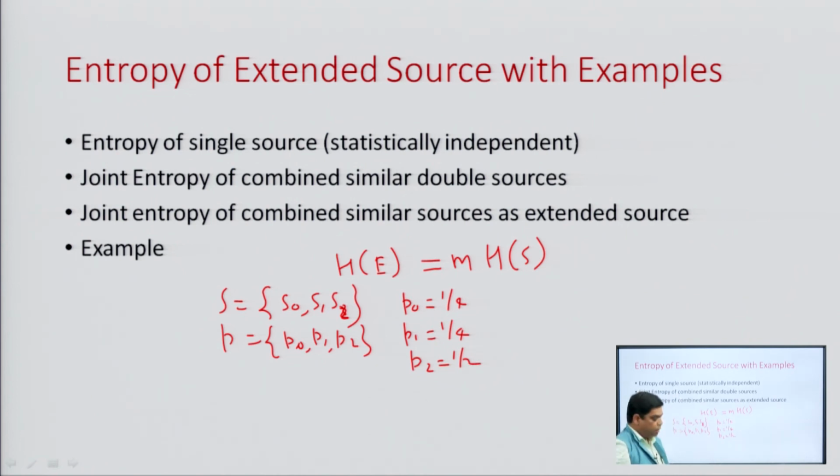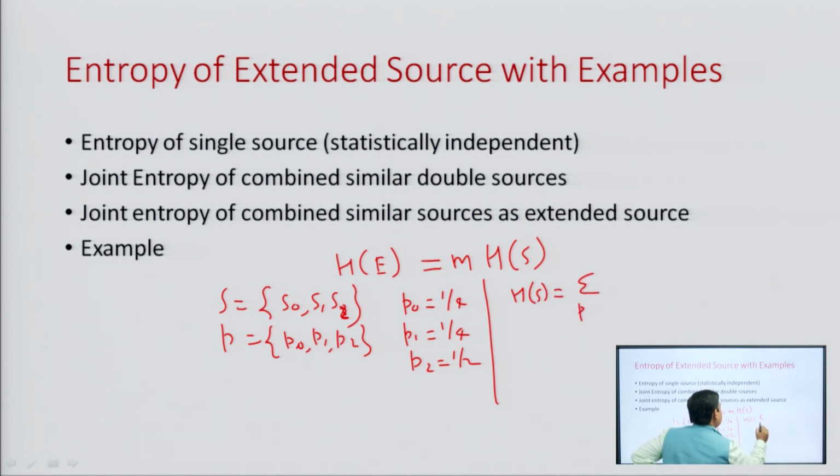We can calculate the entropy of this source Hs using the same formula: the sum for K equals 0 to n minus 1 of Pk log base 2 1 upon Pk.